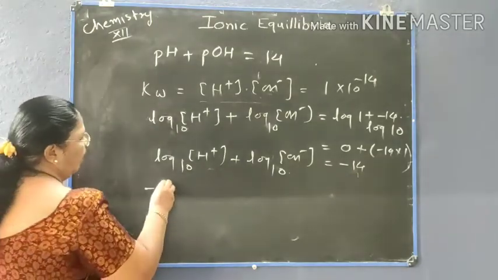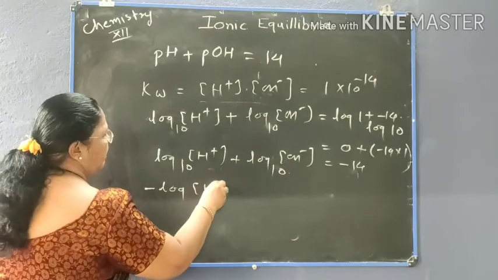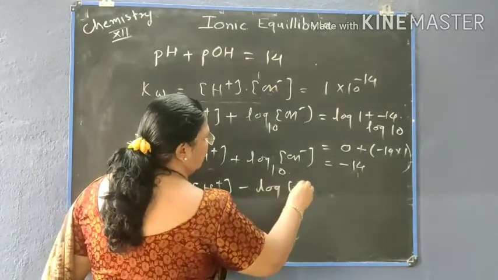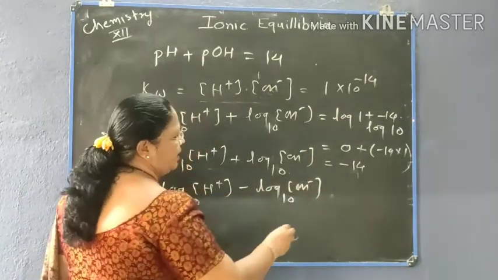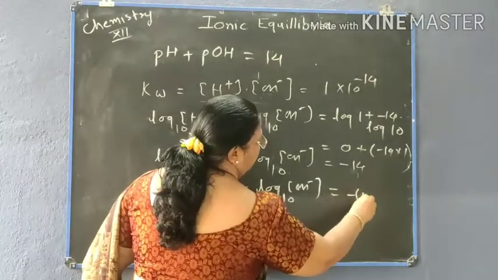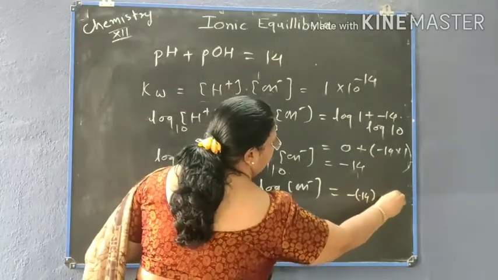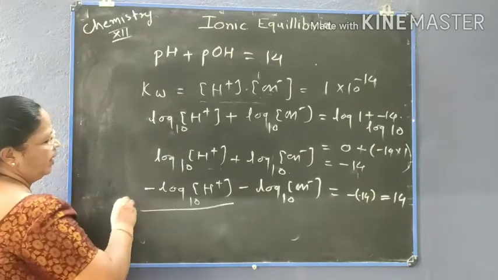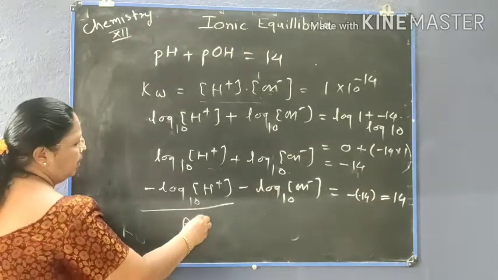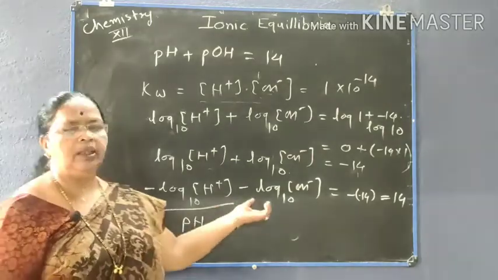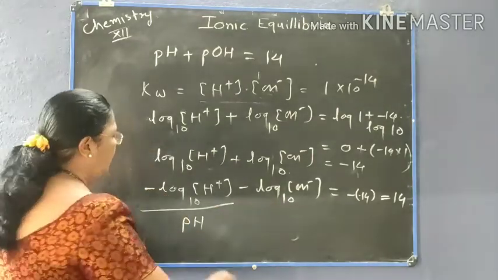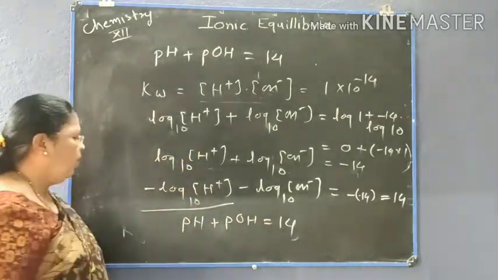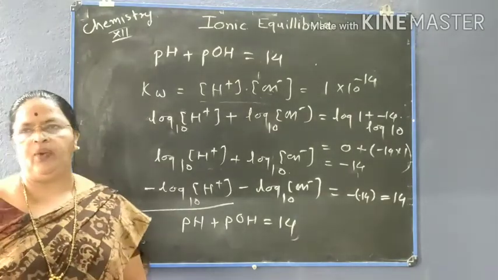You can write minus the logarithm of the concentration of H plus ions to the base 10 minus the logarithm of the concentration of OH minus ions to the base 10 is equal to minus into minus 14, which is 14. You know that the negative logarithm of the concentration of H plus ions is pH, and the negative logarithm of the concentration of OH minus ions is pOH, which is 14. So pH plus pOH is equal to 14.